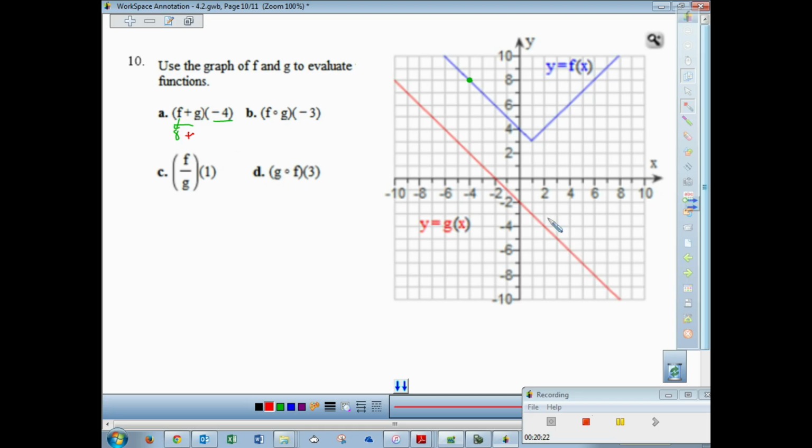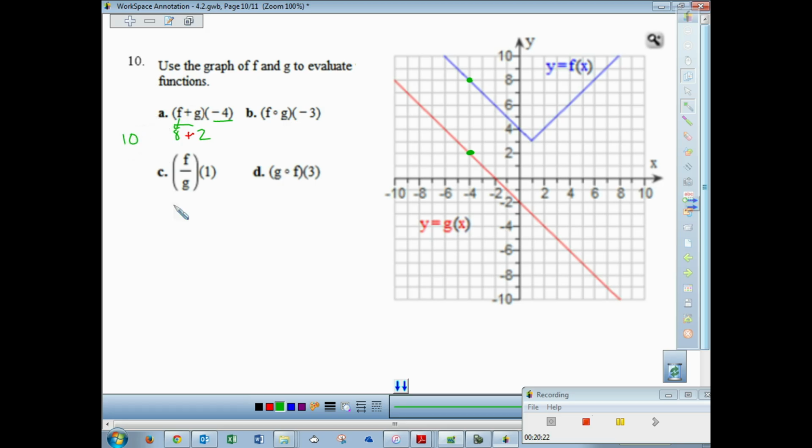Don't you need to figure out what g of -4 is? Use the red function. What's the y value on the red guy when x is -4? It is 2. And you add those together. What's 8 plus 2? 10. This guy turns out to be 10.